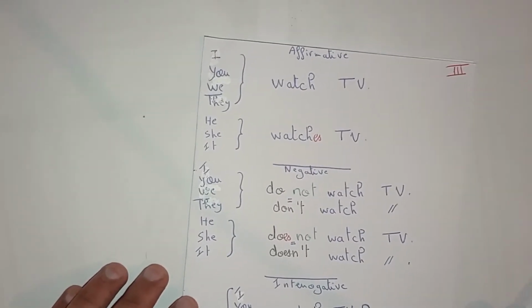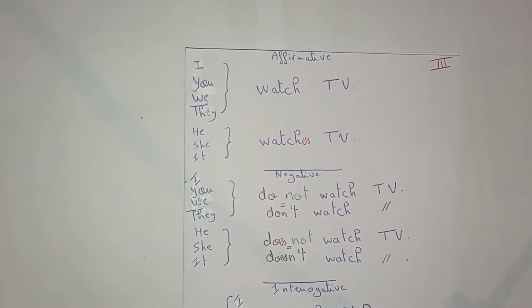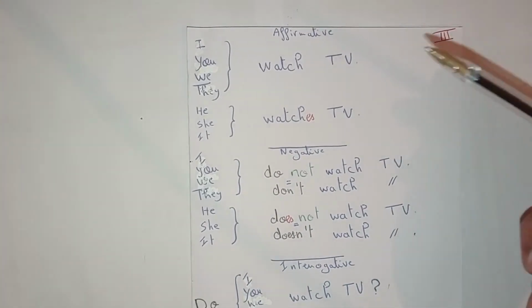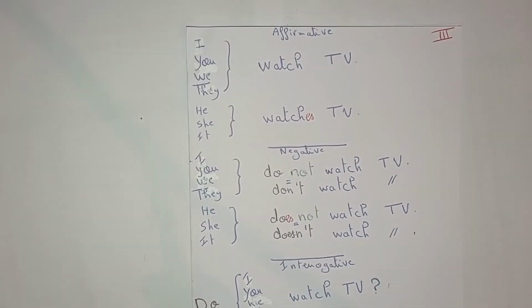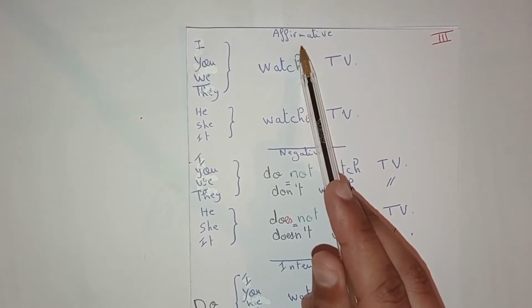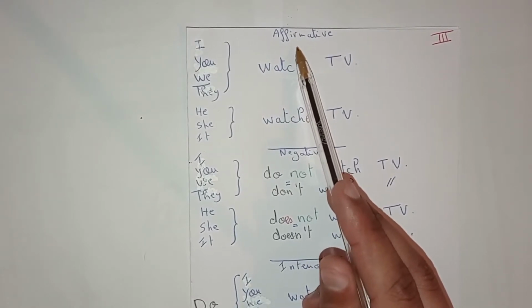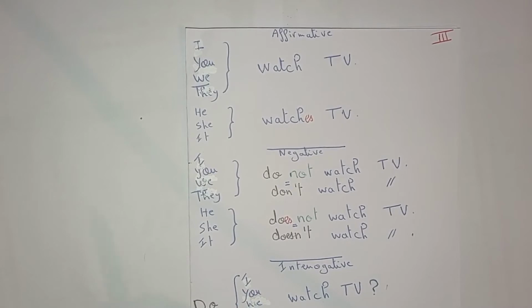Now, I want you to look at this. We have different forms of the simple present. We start with the affirmative sentence or the positive sentence.